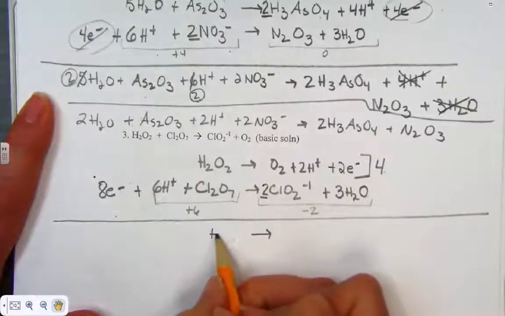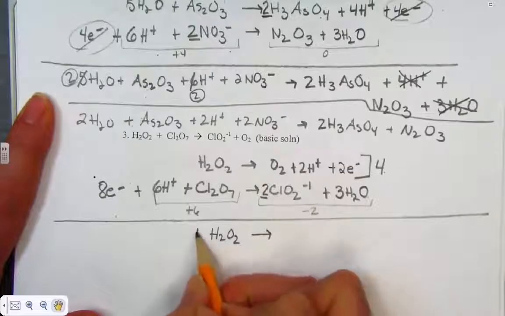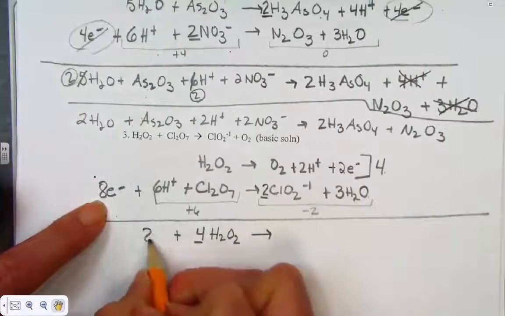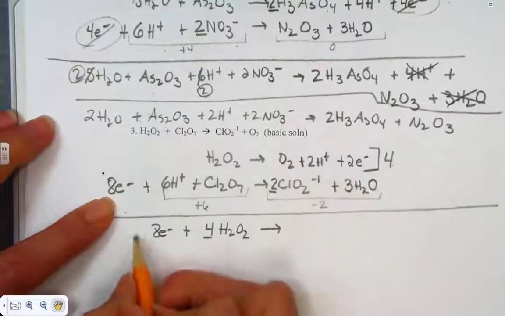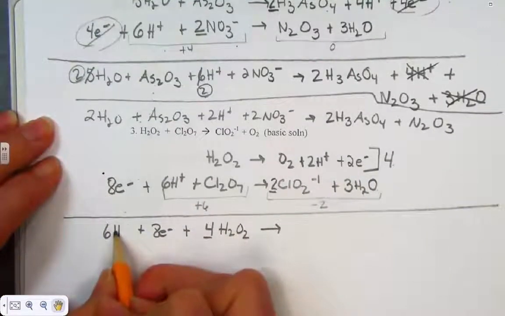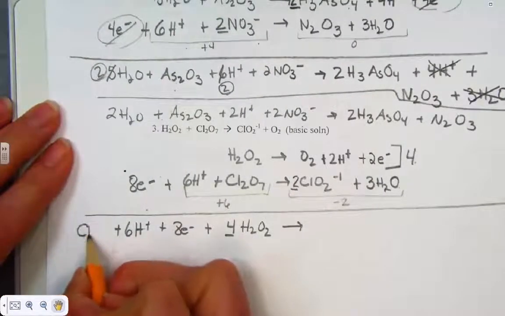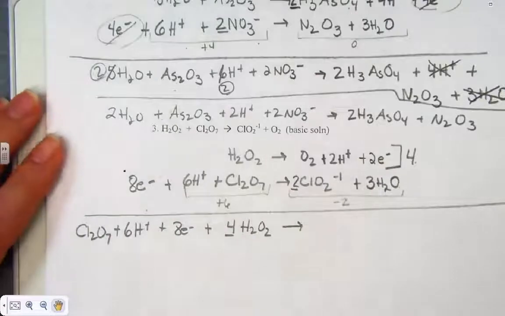4 units of peroxide plus 8 electrons plus 6 positive protons plus the molecule dichlorine heptoxide.